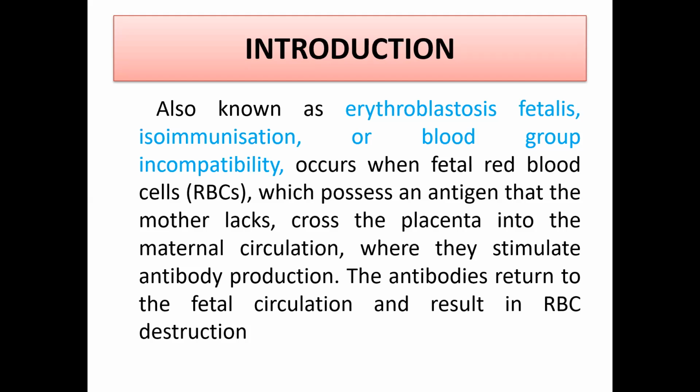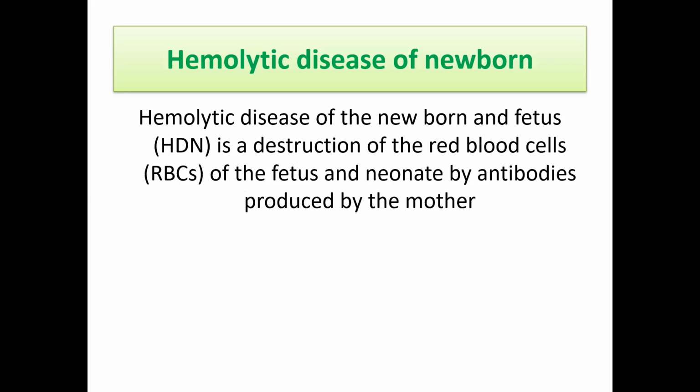Through the placenta they are transmitted into the fetal circulation, and they can clump and destroy the RBCs on the fetal side. Okay, this creates the hemolysis condition in the newborn.